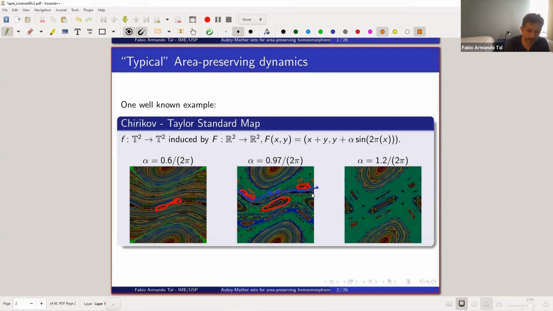And you have another curve here, for instance, which is turning perhaps with a different velocity, and this region in between them is, if I draw it again here, something like an annular region, at least topologically speaking, where these points are moving upwards, these points are moving to the right, these points are moving to the left, and in between you have some points which go from the bottom boundary to the top boundary. And you also have some points which go from the top boundary to the lower boundary.